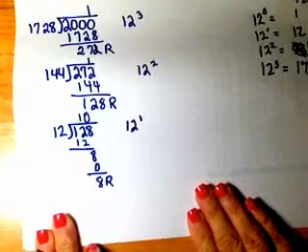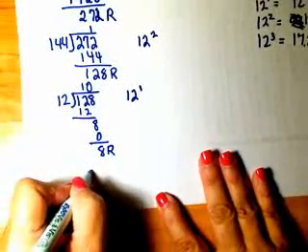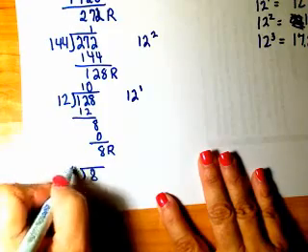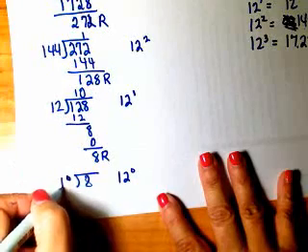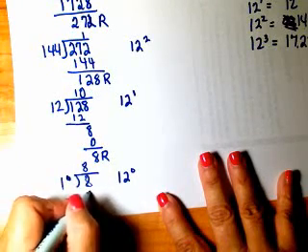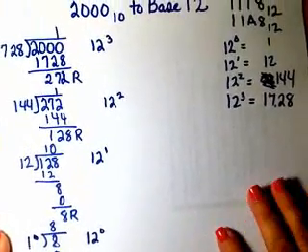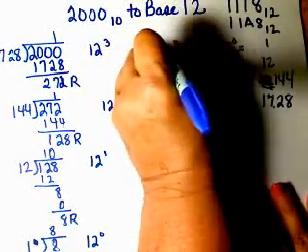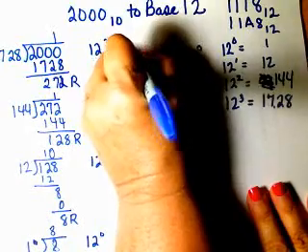Okay? Then we also have 8 divided by 1, which is 12 to the 0. So 1 times 8 is 8, and we have 0 remainder. So now we have 12 to the 0 power, 12 to the first, 12 to the second, and 12 to the third.